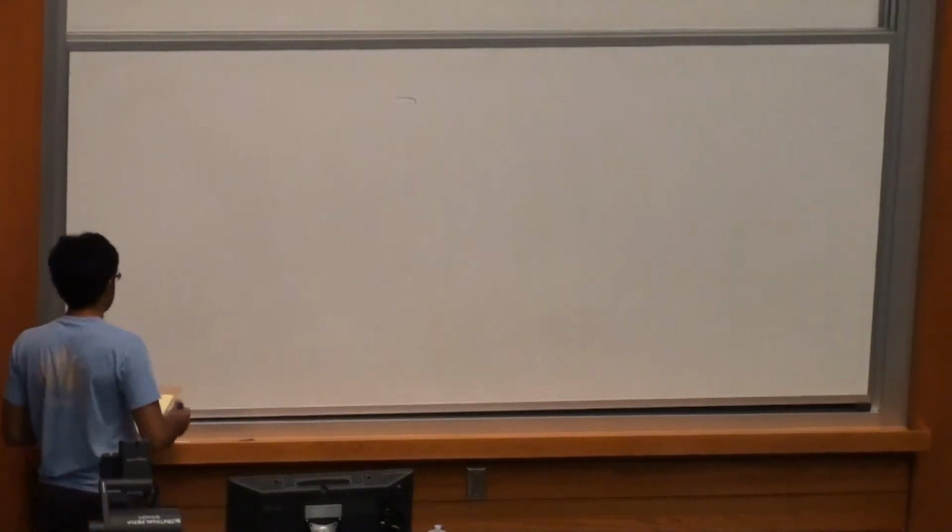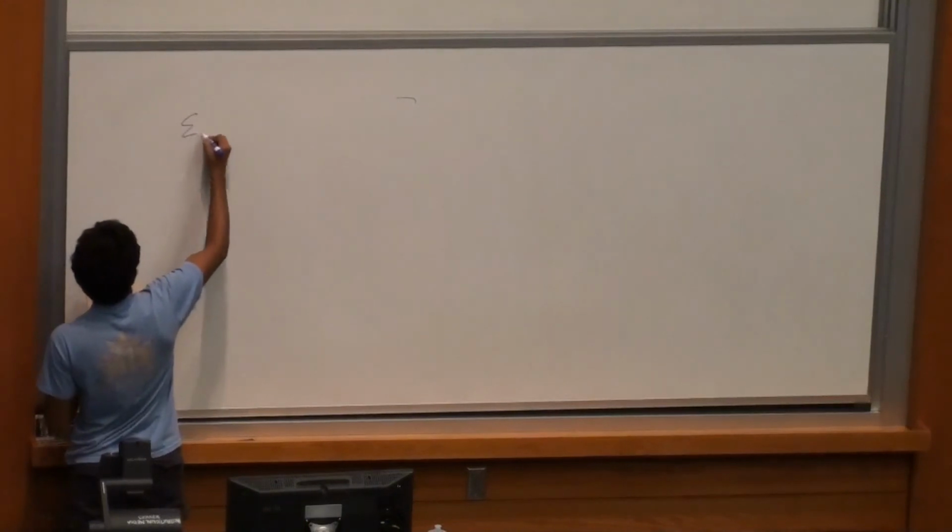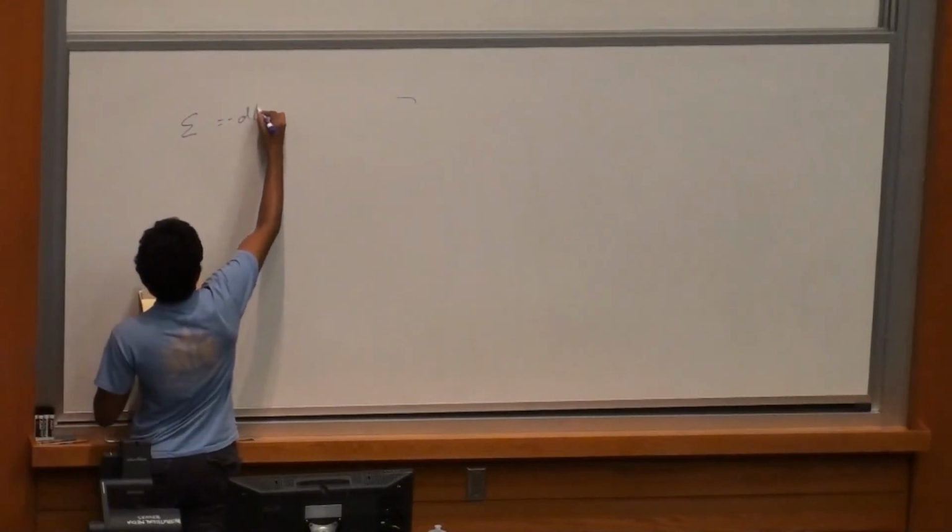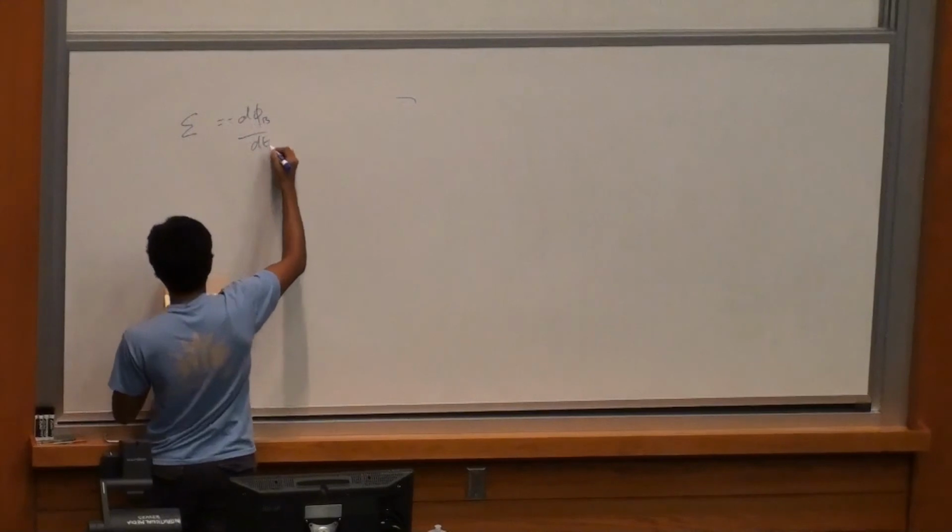So my EMF, epsilon, equals negative d phi B dt.